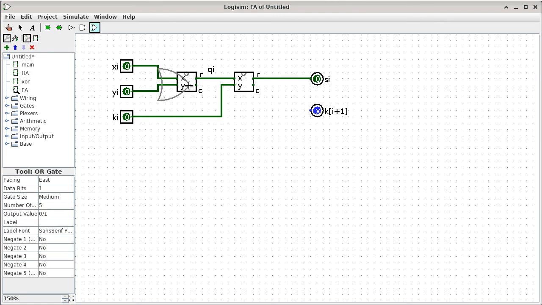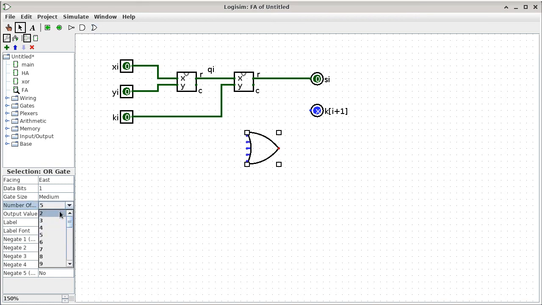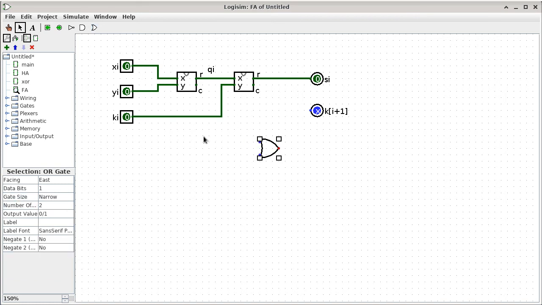Okay, so here's an OR gate. And then we'll flip it this way and connect that over here. So we just take one of these. It's going to look kind of ugly because I have to get around it somehow.